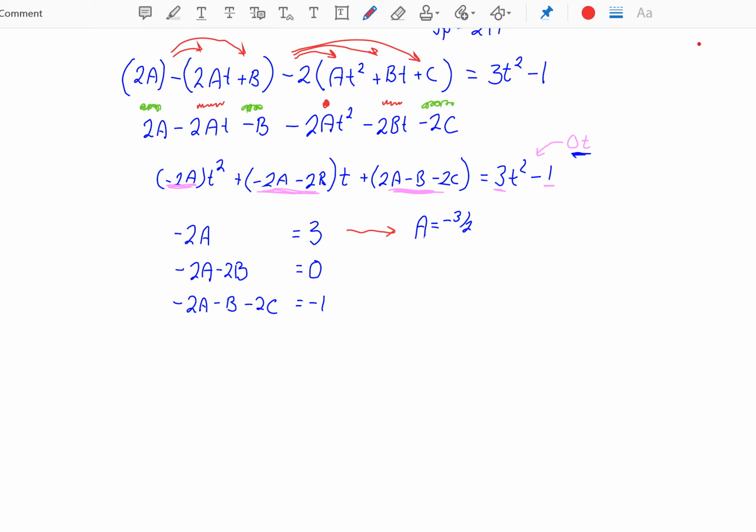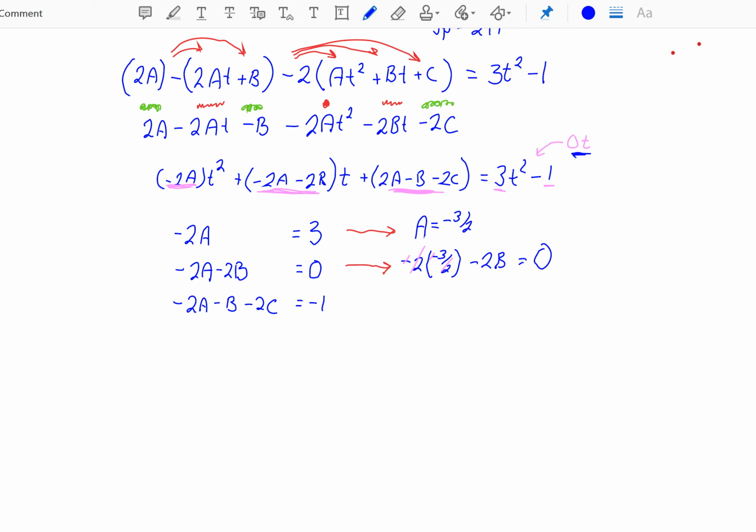Now, if a is negative 3 halves, though, then our second equation will be negative 2 times what we found for a, the negative 3 halves, minus 2b has to equal 0. And I think if we simplify this, the 2's will cancel, the negatives will cancel, leaving just a 3.